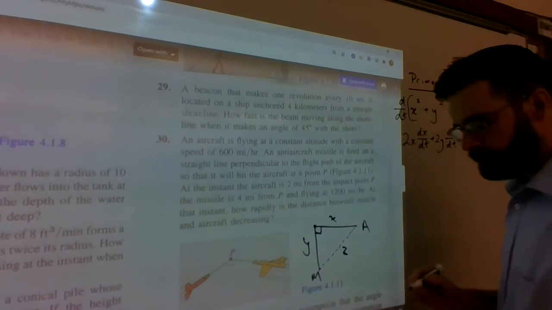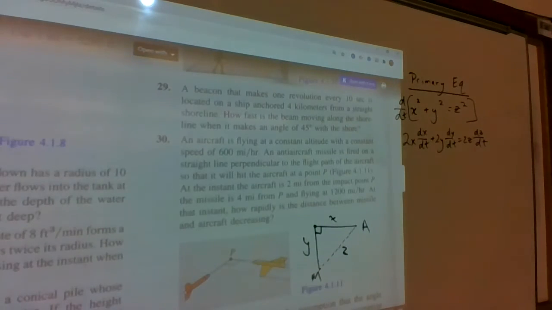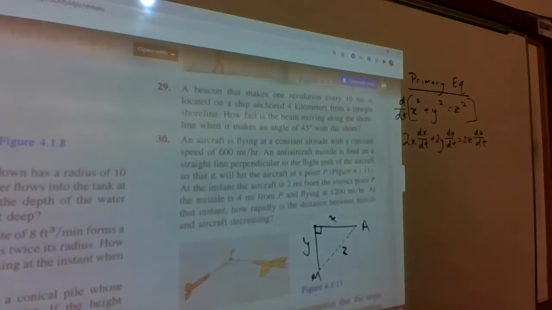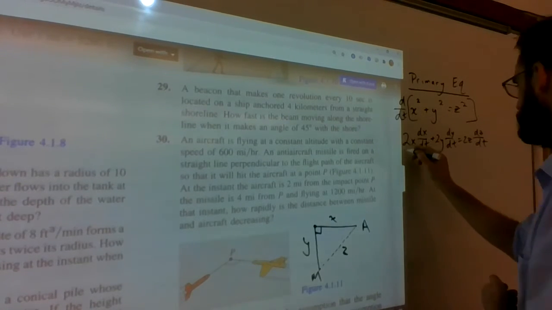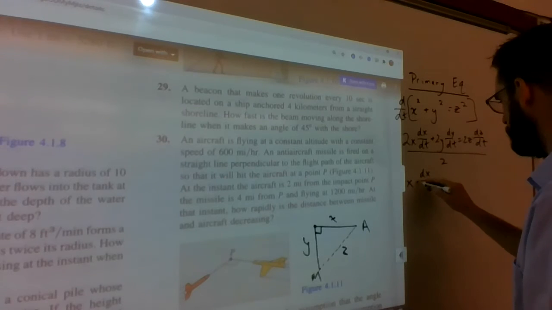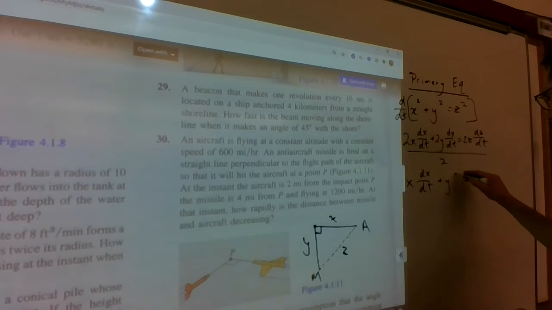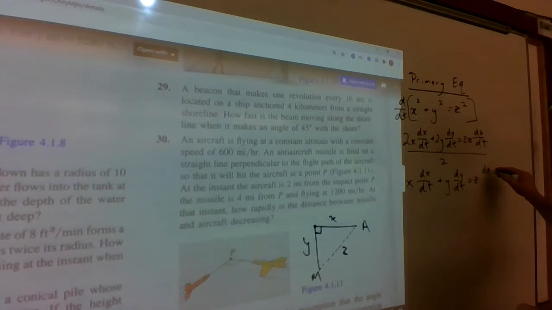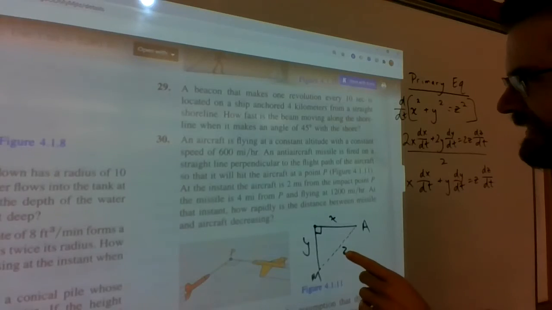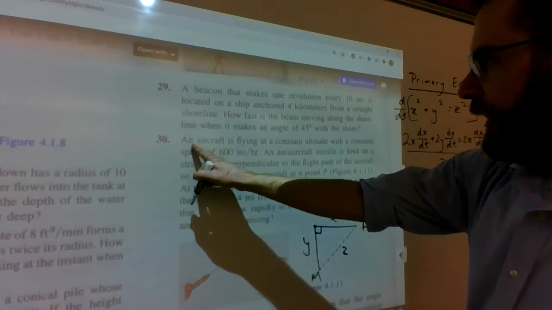So when we take d dt of everything, you're going to get 2x dx dt plus 2y dy dt equals 2z dz dt. Now you can divide out the 2, just to clean things up.